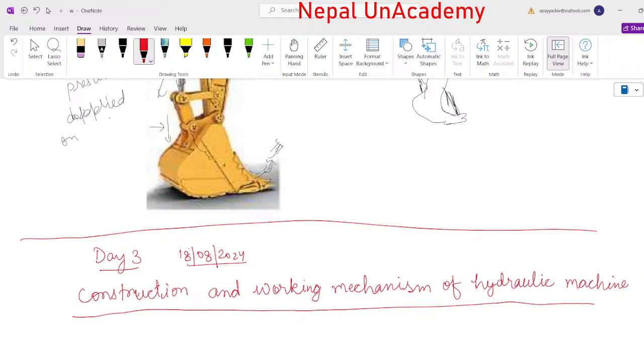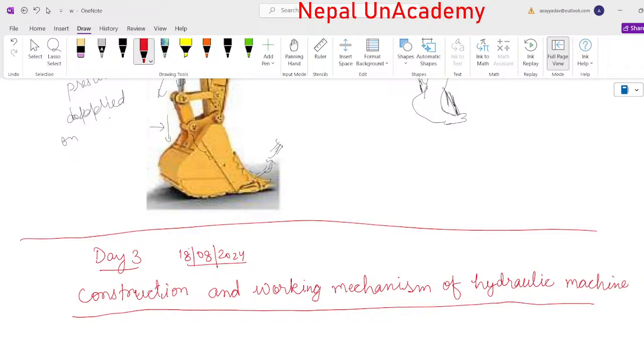The topic construction and working mechanism of hydraulic machine basically tells that in the construction of a hydraulic machine, at least two cylinders with different cross-sectional areas are connected as shown in the figure.